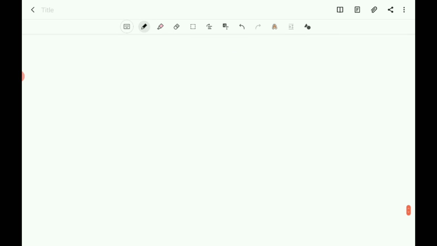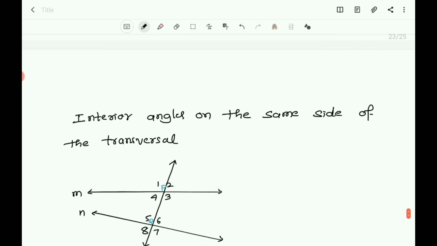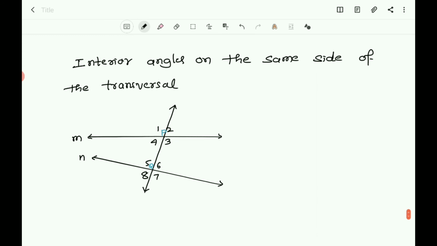Next, let us go to the interior angles on the same side of the transversal. Here there are four interior angles, angle 3, angle 4, angle 5 and angle 6.